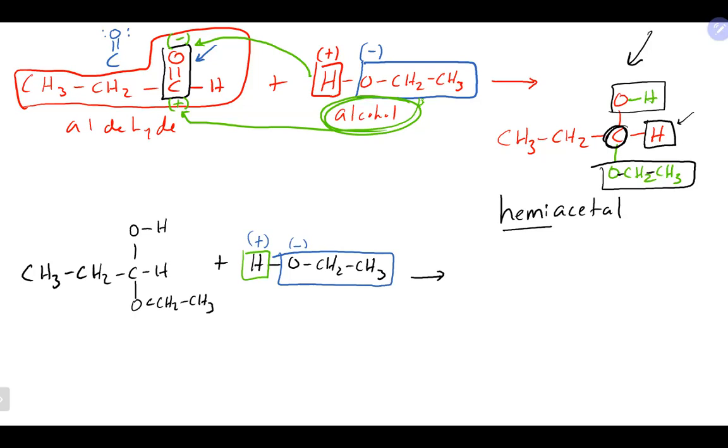So to make room for this, what's going to happen is we're going to lose water. You can think of it like this. We always make water from H and OH. So just like we did before, we're going to make water from those two things.